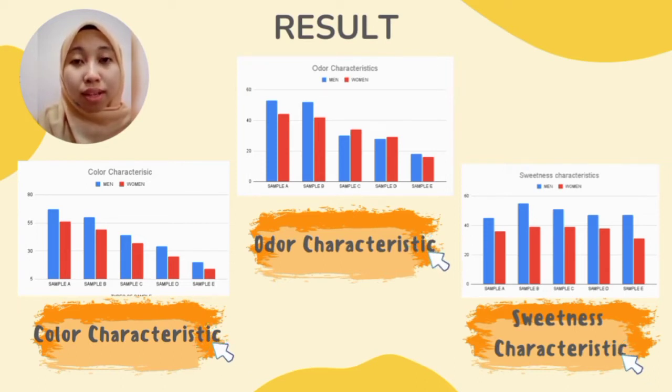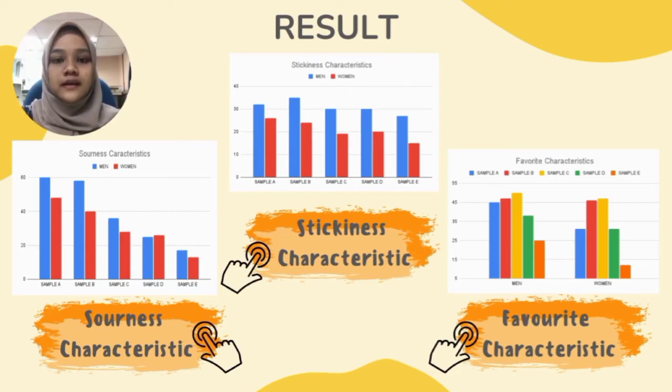Moving to the sweetness characteristic, an equal number of women rated samples B, C, and D, while the highest for men is sample B. Next, I will continue to explain our next results.